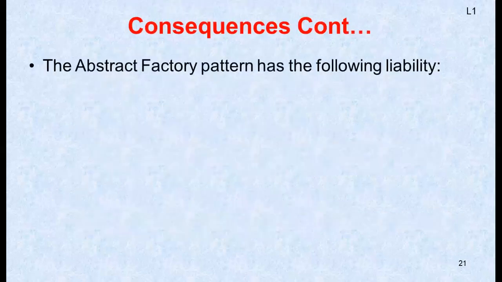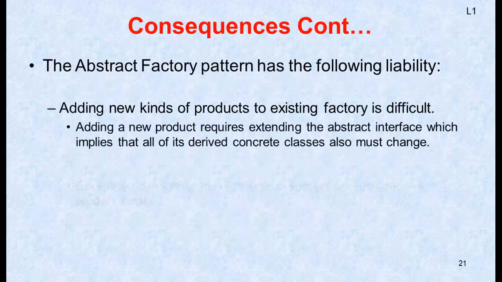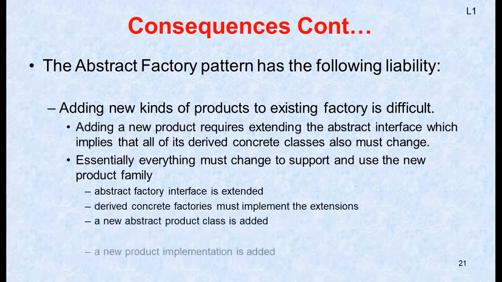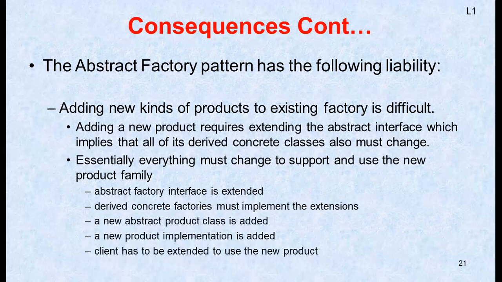Now, the abstract factory has the following liability. Adding new kinds of products to the existing factory is difficult. Adding a new product requires extending the abstract interface, which implies that all of its derived concrete classes must also change.